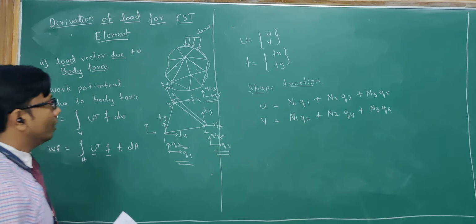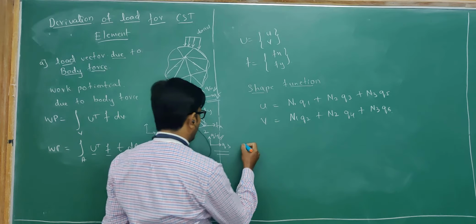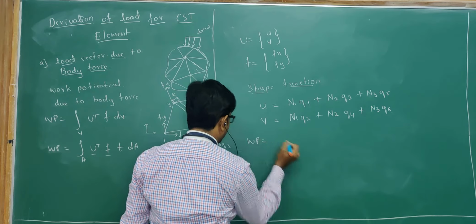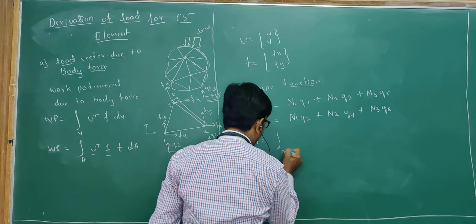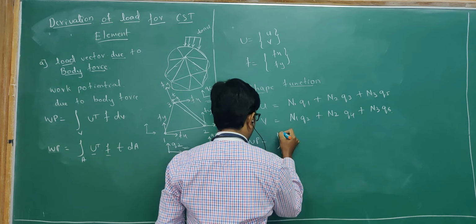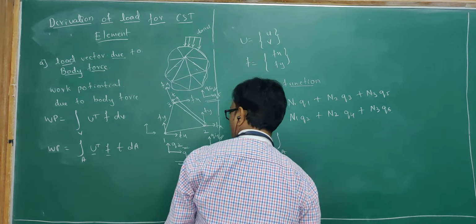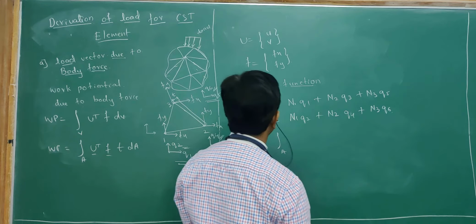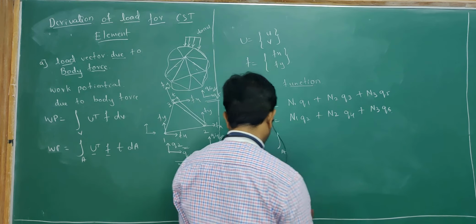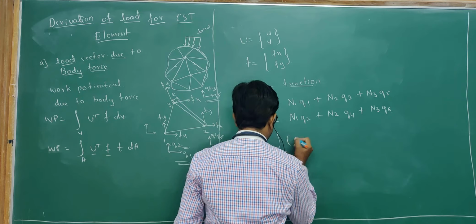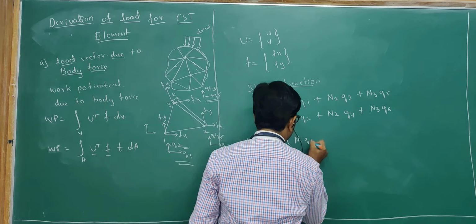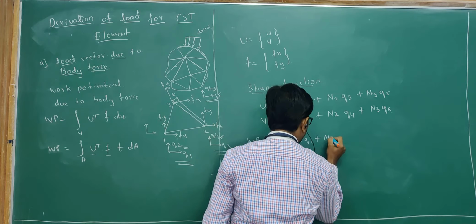So when we write it, work potential can be written as integration A. Next we will be substituting these two equations, that is u and v. So we will be writing it as N1 Q1 plus N2 Q3.